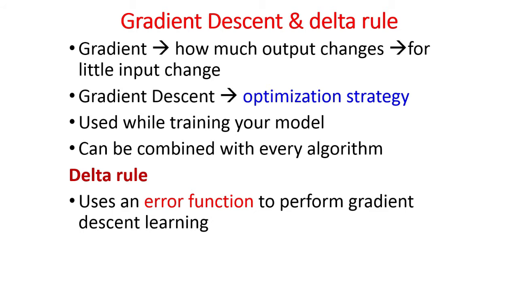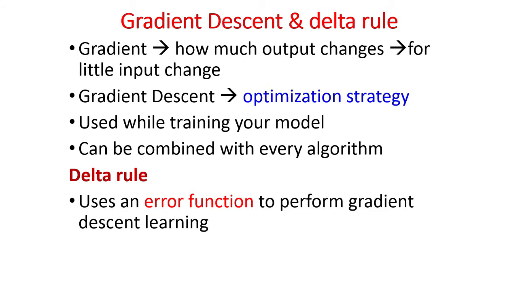Using gradient descent, the delta rule strives to find the best fitting model.